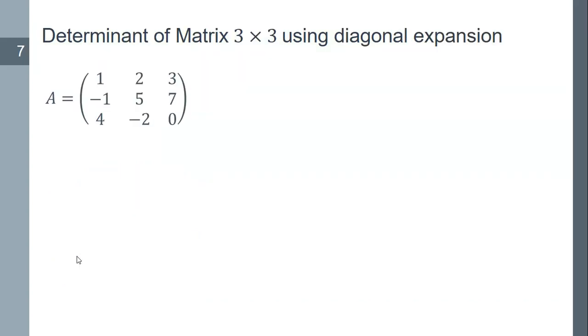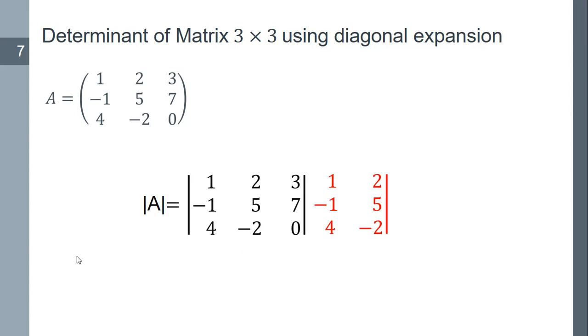Okay. Now, how about the other method, the determinant of a 3 by 3 matrix using diagonal expansion. What you need to do is take the same matrix, but now you add two extra columns. Where do these two columns come from? The first column is put as your fourth column, the second column as your fifth column.